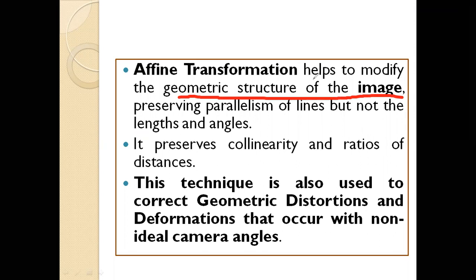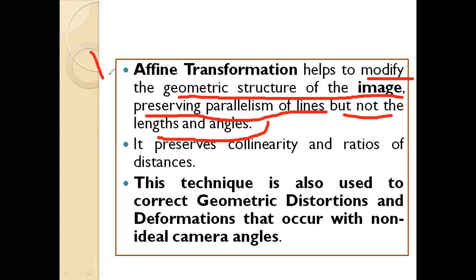Affine transformation helps to modify the geometric structure of the image, preserving parallelism of lines, but not the length and angle. While doing the affine transformation, we preserve the parallelism, meaning parallel lines stay parallel. But the lengths and angles we are not preserving.